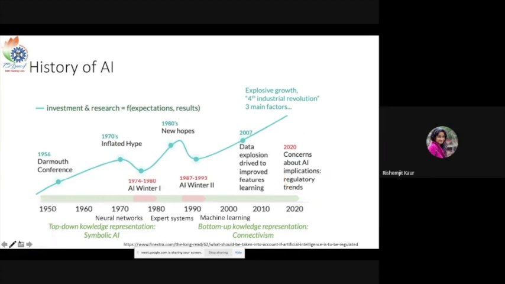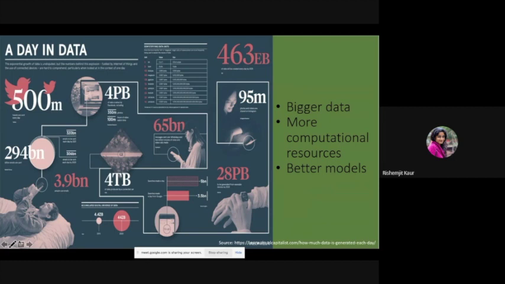As I was saying, these days AI has taken off because of three major reasons. The very first one is bigger data. If you look around you, you use all your social media platforms.